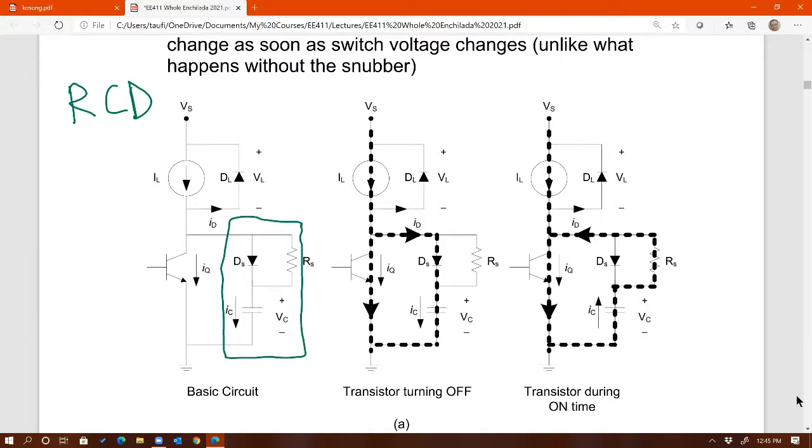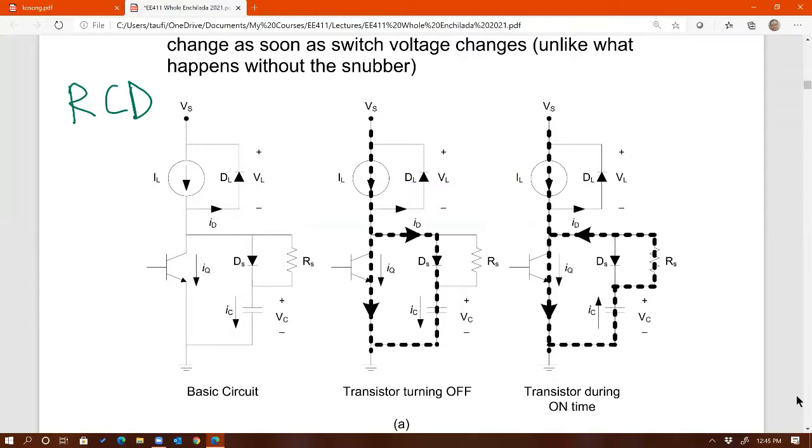Is there a different type of snubber? Absolutely, but let's just look at the RCD snubber first. And you can see that it is an additional circuit that we connect across the switch.